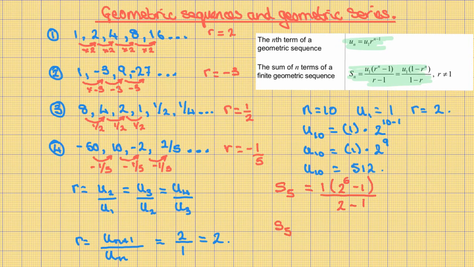So S5 is equal to 1 times 2 to the power of 5, which is 32, minus 1, divided by 2 minus 1, which is 1, so S5 equals 31.